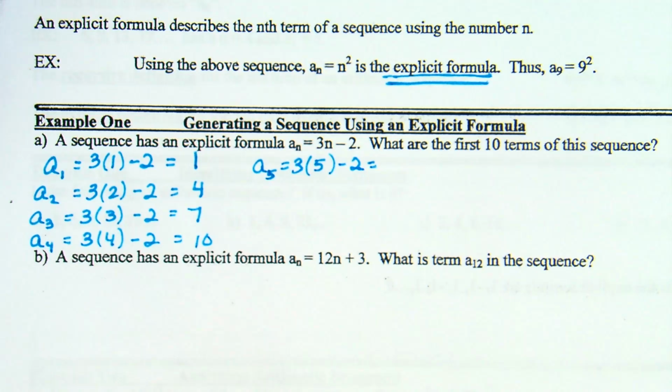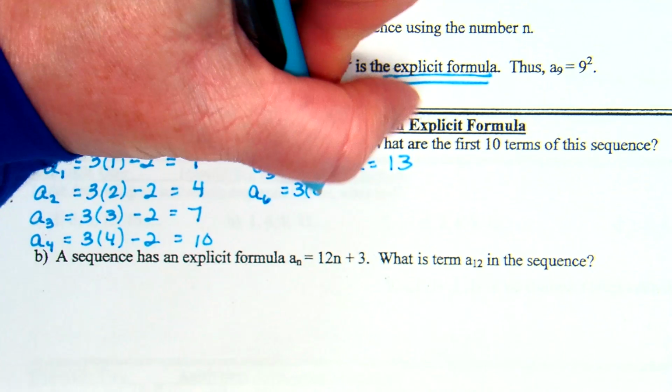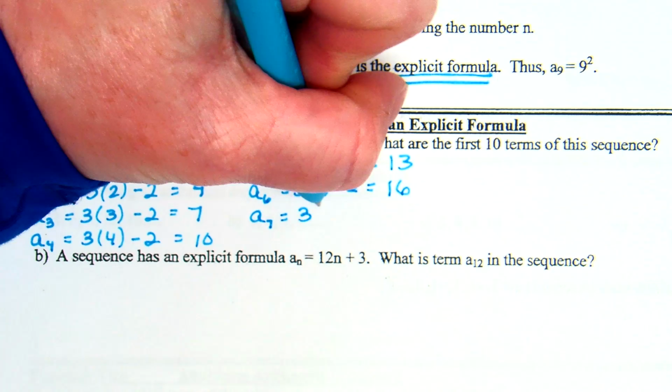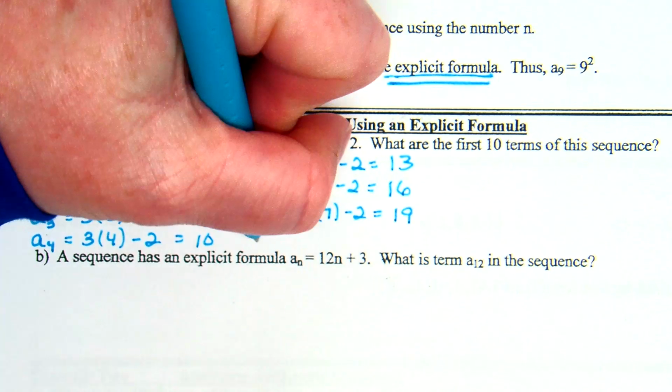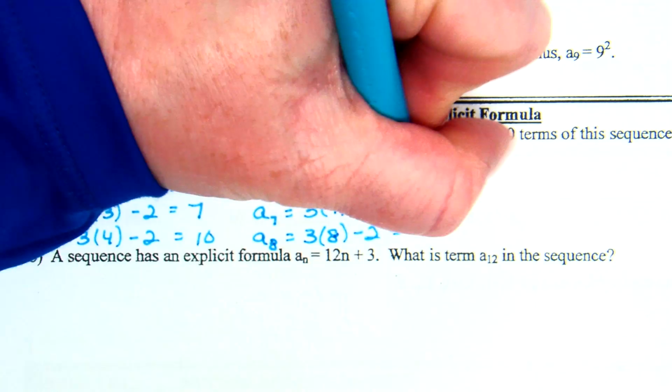The fifth term. 3 times 5 minus 2? 13. Sixth term. 3 times 6 minus 2? 16. The seventh term. 19. The eighth term. 3 times 8 minus 2, 22.